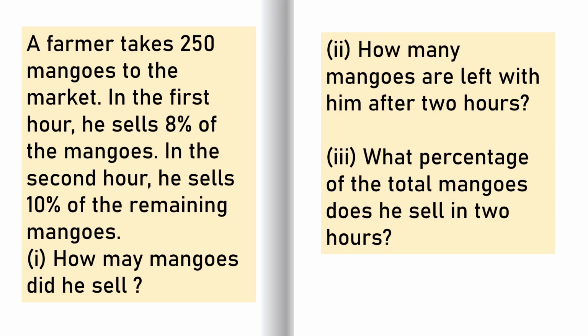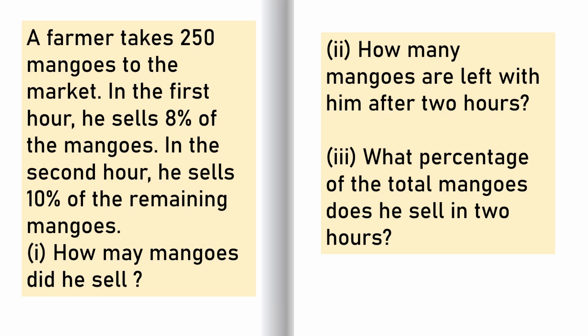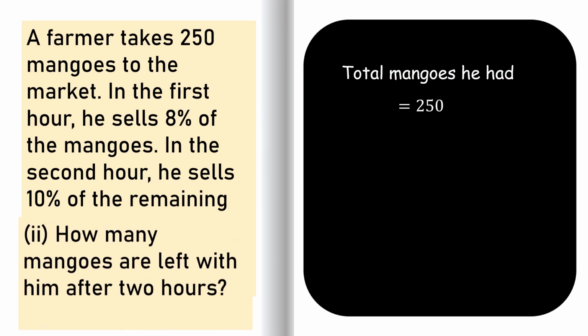Now, let's move on to the second part of the question: how many mangoes are left with him after 2 hours? Here, the word "after" is very important. The farmer started with 250 mangoes. Over 2 hours, he sold a total of 43 mangoes.